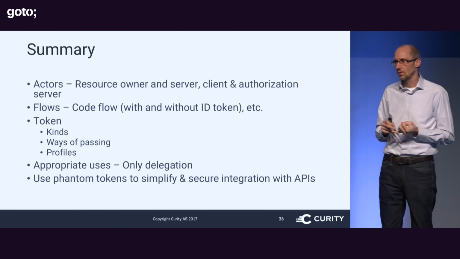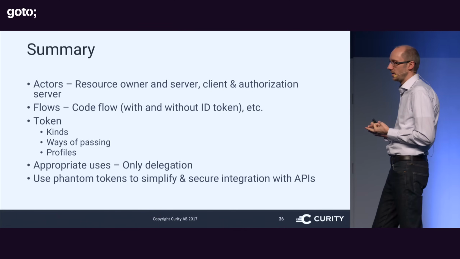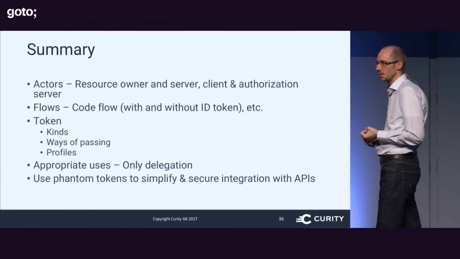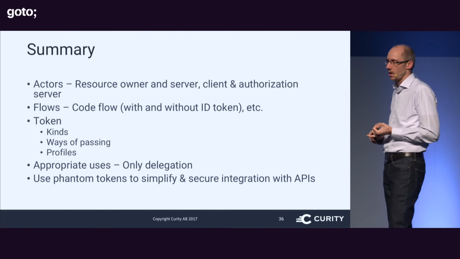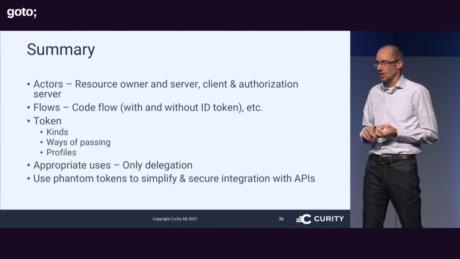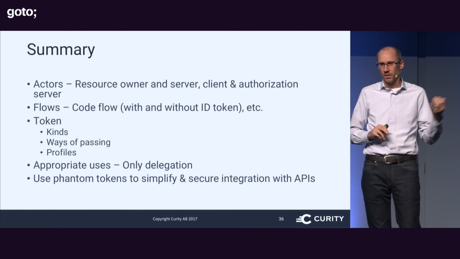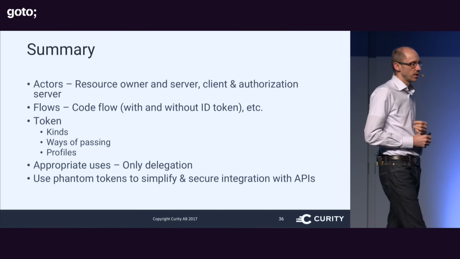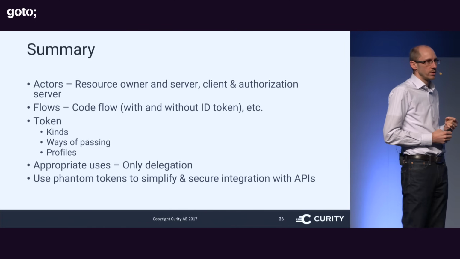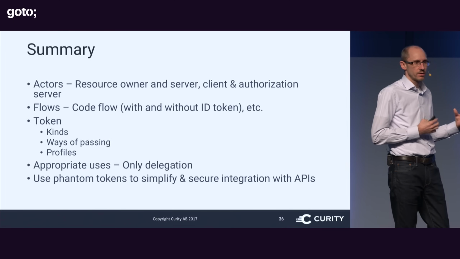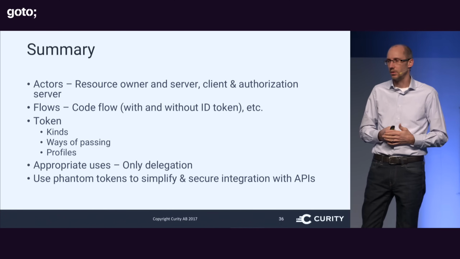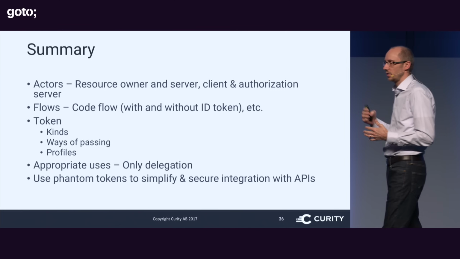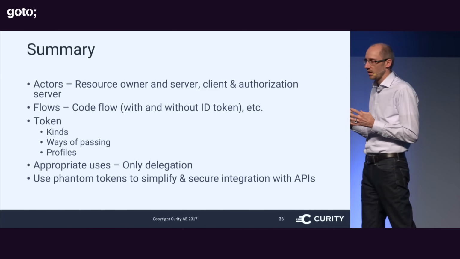Remember, you have access tokens, refresh tokens, and ID tokens. We looked at ways that you could pass them around by reference and by value. And we also talked about profiles of tokens. So we have bearer tokens that are like cash, and we have holder of key tokens, which are like credit cards. And we have appropriate usages of OAuth: it's not authentication, it's not authorization, it's certainly not federation, it's for delegation. So you need to be thinking about that.